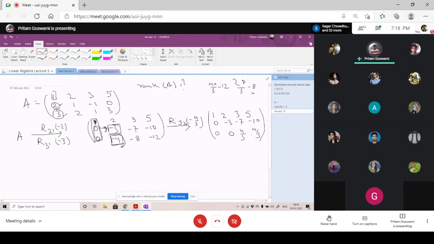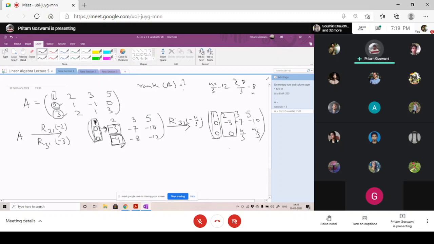Now you want to check how many are linearly independent. Look, this column and this column are linearly independent. You can check it by looking only, because using these two you cannot get the other.